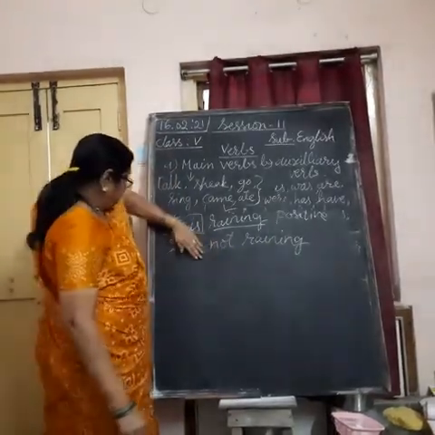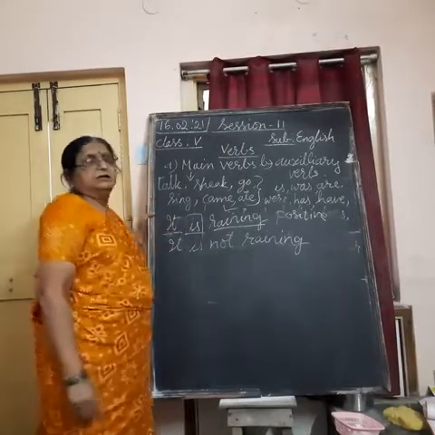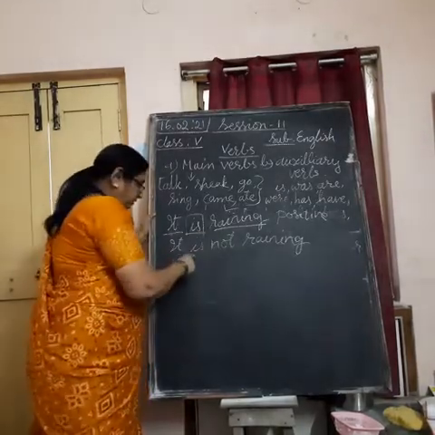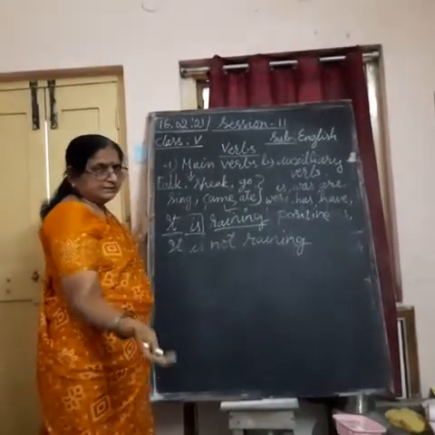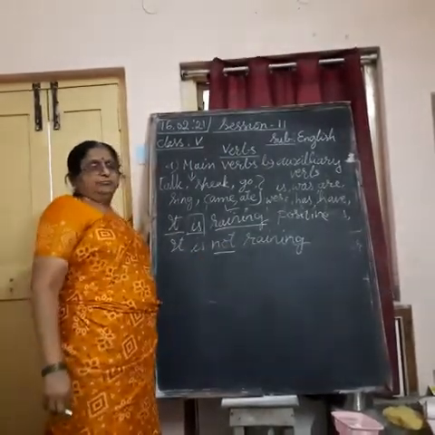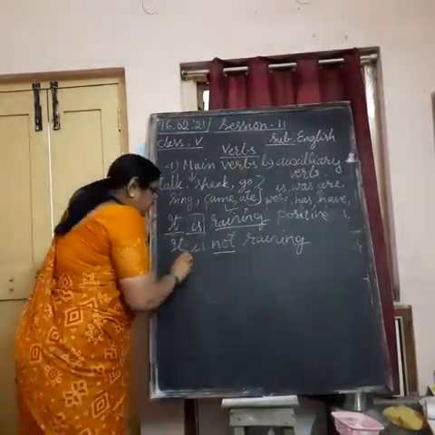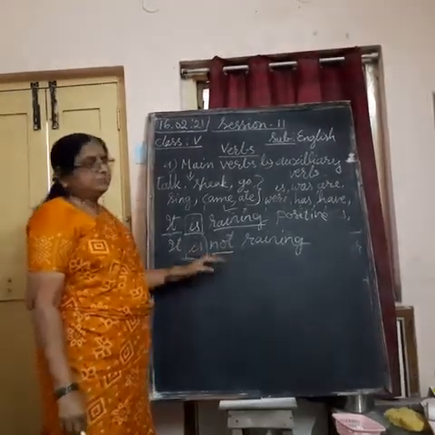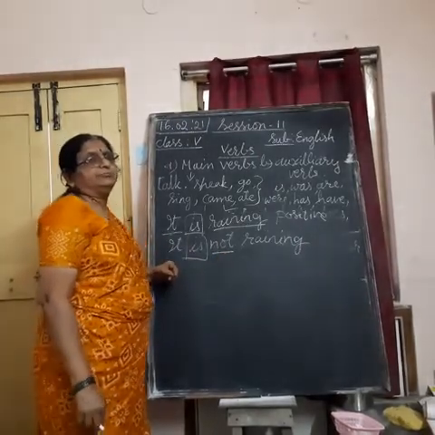If I don't use "is" and simply say "it not raining," do you get a correct sentence? No, never. So the auxiliary verb always helps us to form the correct sentence. Here, "not" shows negative form. And it is correct when it follows the auxiliary verb. First comes the auxiliary verb, then comes the negative form.